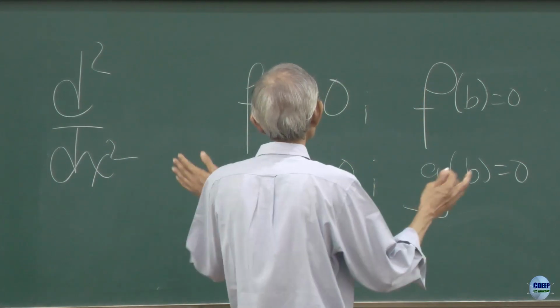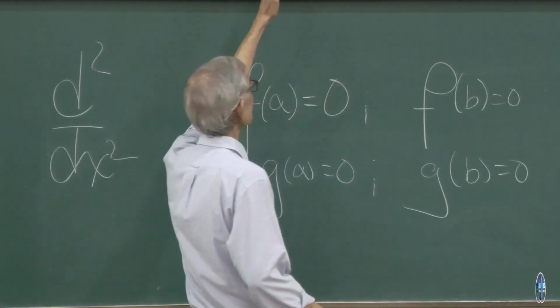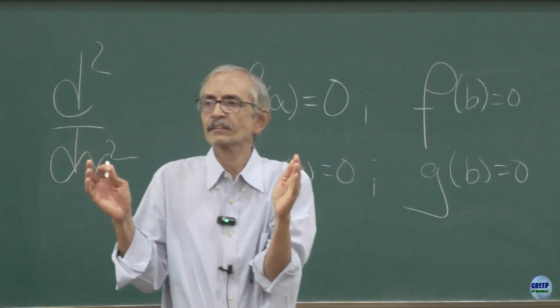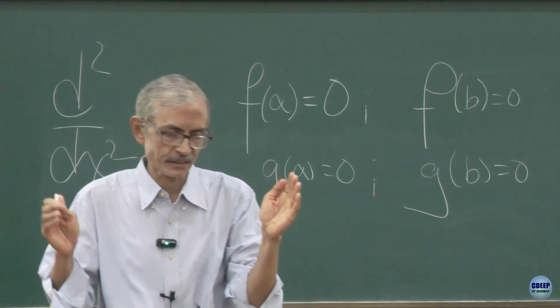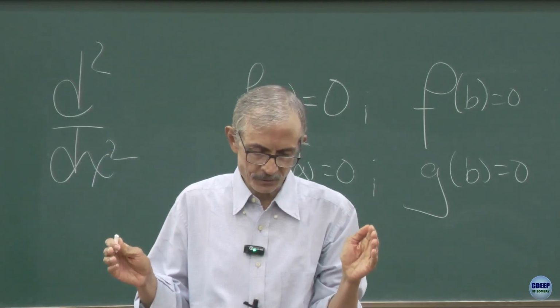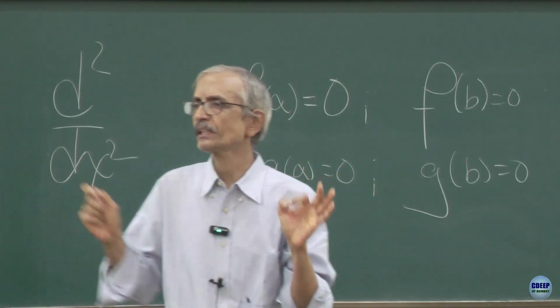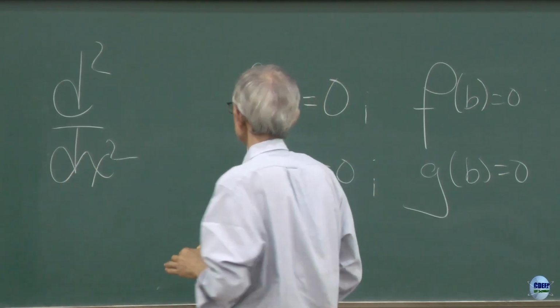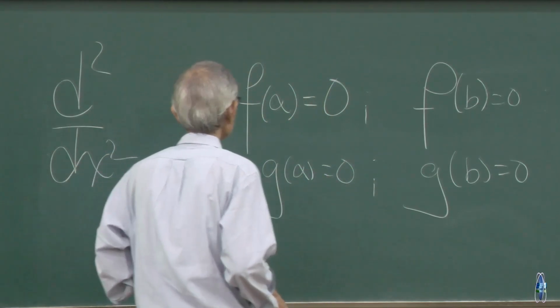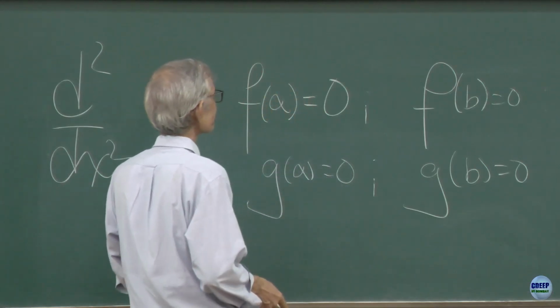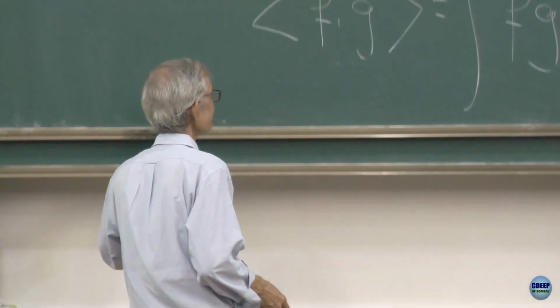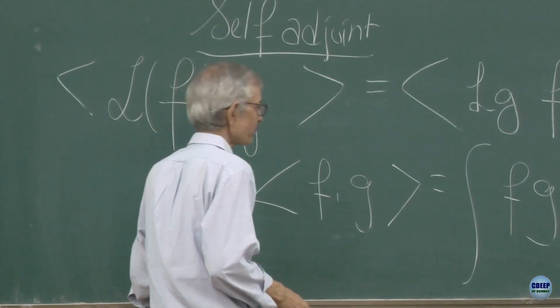Whereas here we are just saying a and b are two limits of that function. So the function exists, or all this business is going to be valid, in the range between a and b. So d square f dx square is a linear operator.